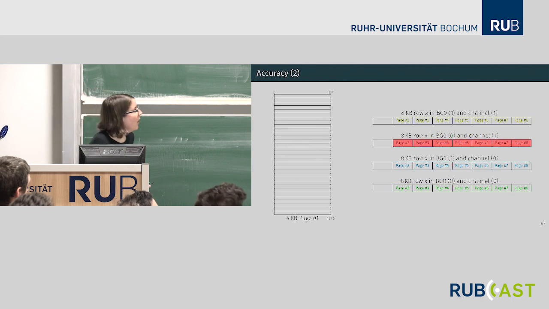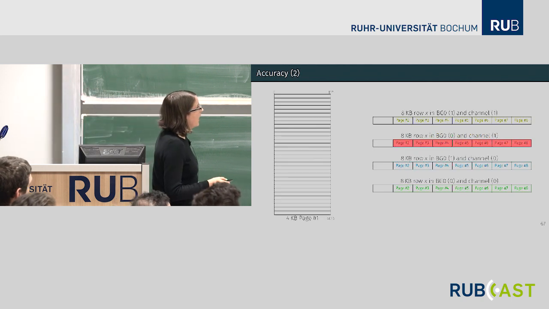So this is how it looks like. We have our 4 different rows here, and we have a 4 kilobyte page. And the idea is that we have 1 page here, so for example, page 2, that is distributed around over these 4 different rows. And each row has parts of 8 different pages.